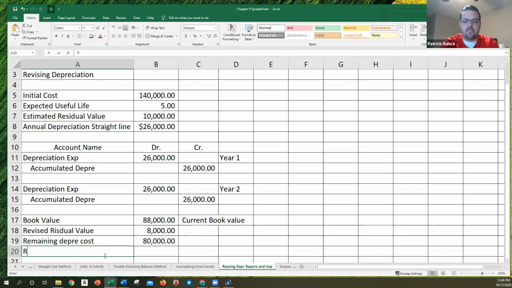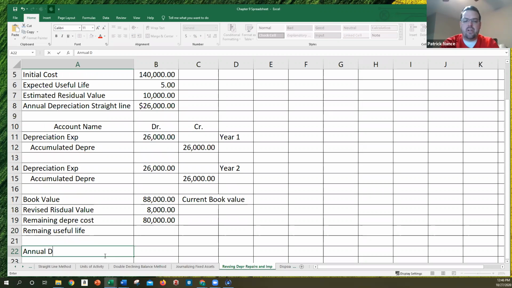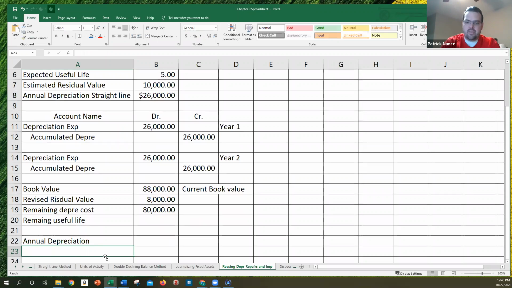Now I can also use my remaining useful life, and I can do my annual depreciation going forward. I take my remaining depreciable cost divided by my remaining useful life, in this case 8 years, to get $10,000 per year for the years remaining.